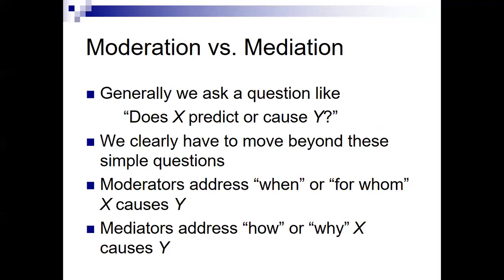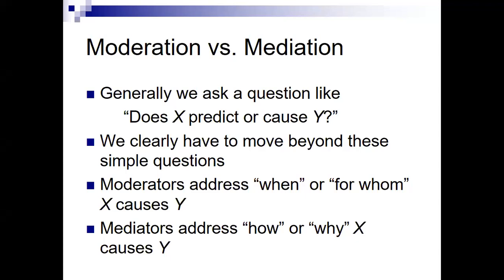Now, generally, we ask a question like, does X predict or cause Y? So we have to go beyond such a simple question, which is normally what we do in simple regression.